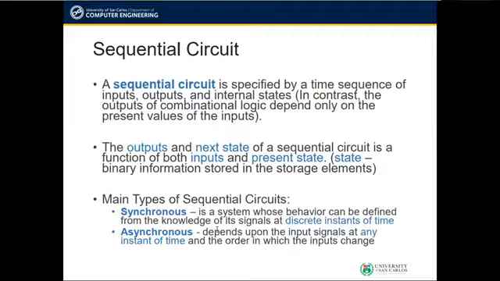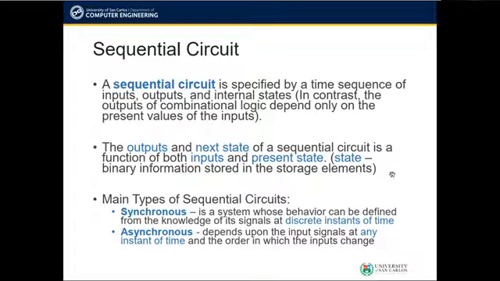Let us formally define a sequential circuit and look at its characteristics and different types. A sequential circuit is specified by a time sequence of inputs, outputs, and internal states. In contrast, the outputs of combinational logic depend only on the present values of inputs.